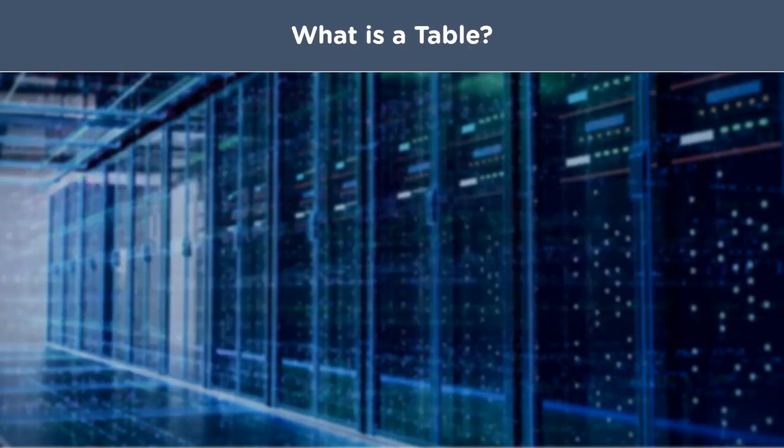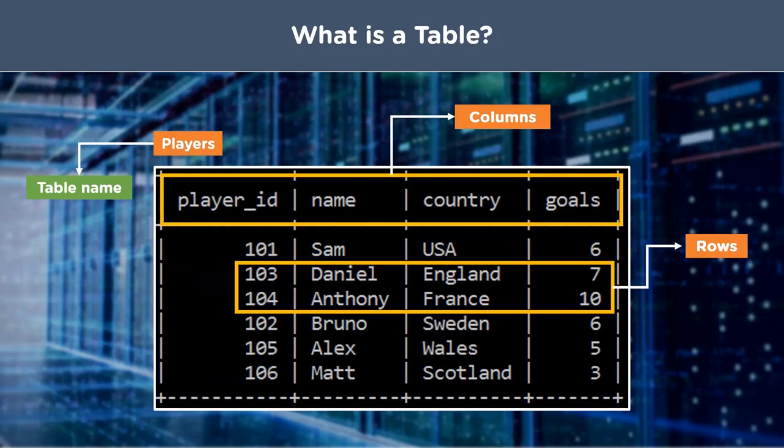With this, let's look at what a table is. This is how a table in a database looks like. Here you can see the name of the table is players. On the top, you can see the column names. We have the player ID, the player name, the country to which the player belongs to, and we also have the goals scored by each of the players.